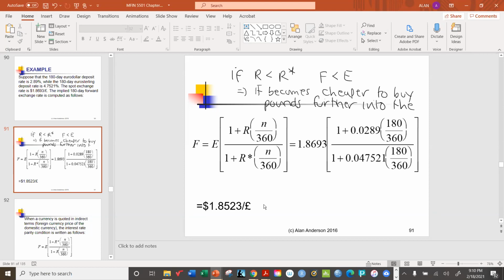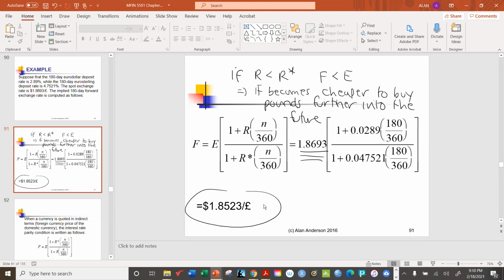So in other words, if I wait for a year instead of 6 months, it'll be even cheaper. On the other hand, of course, if US rates are higher, it'll be the other way around. So this is why you can see that it's cheaper to buy pounds for delivery in 6 months than to buy them today, because US rates are lower than UK rates.